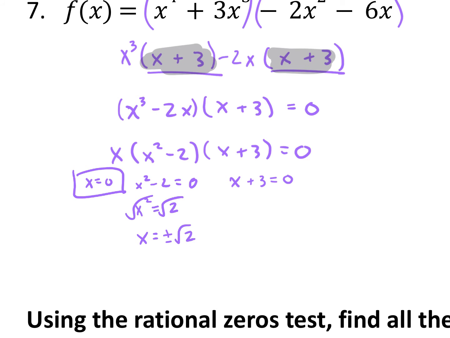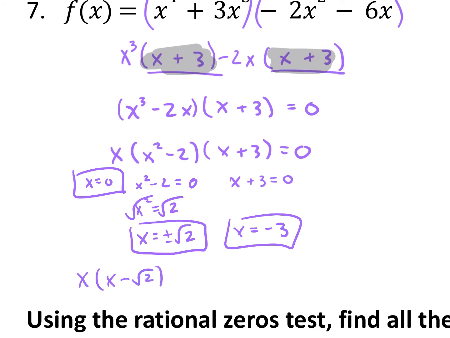Plus or minus square root 2. And then the last one, x is equal to negative 3. So these are my zeros, but to leave my answer in factored form, irreducible over the reals, I would have x minus square root 2, x plus square root 2, and x plus 3.